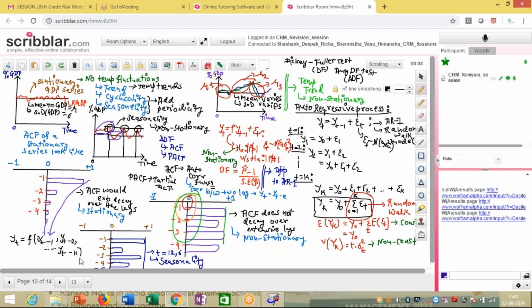So obviously, one thing that remains very important is that there must be an element of correlation between these lags, right? The autocorrelation between one or more lags must be statistically significant.